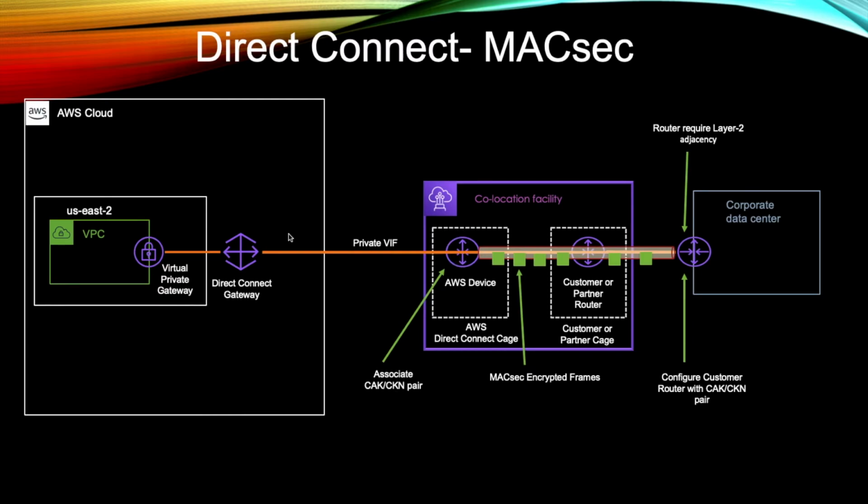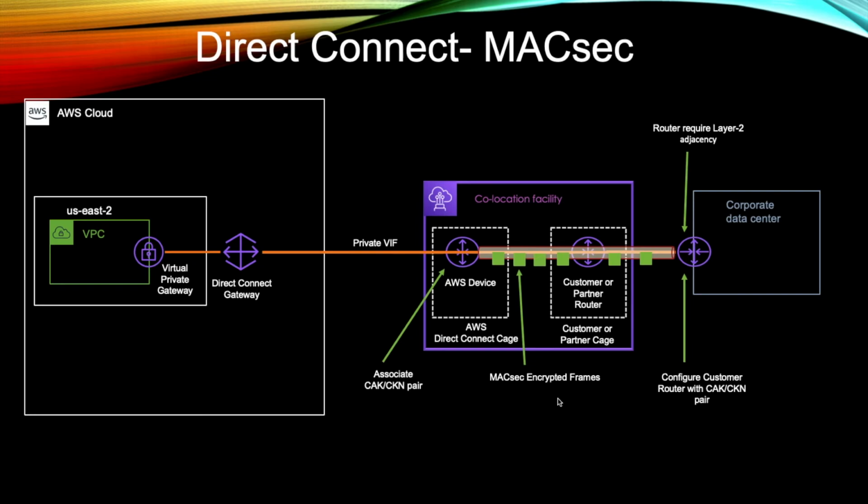Similarly, once you do it at the AWS end, you need to configure the same CAK and CKN pair on your corporate data center router or switch end as well. Once you do that, it will follow the same process which we discussed in our last slide, and it will establish a session. After that, whatever data is flowing between these two devices will be encrypted by MACsec.